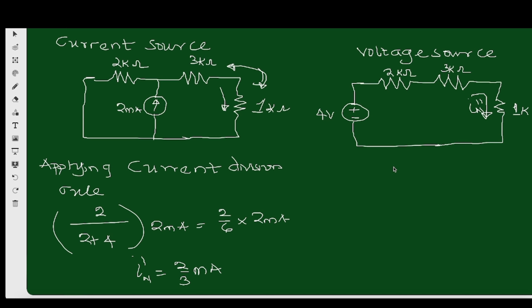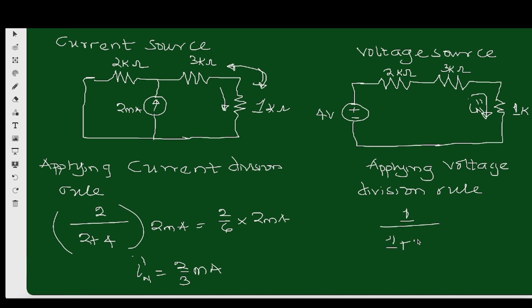I can get the voltage across the 1 kilo ohm first by applying the voltage division rule. The voltage division rule states that we should have 1 over 1 plus 2 plus 3, everything multiplied by 4, right?